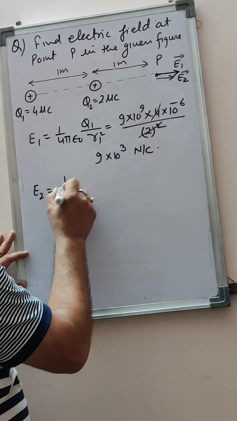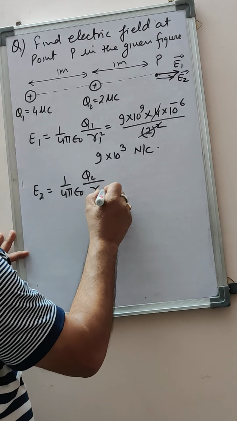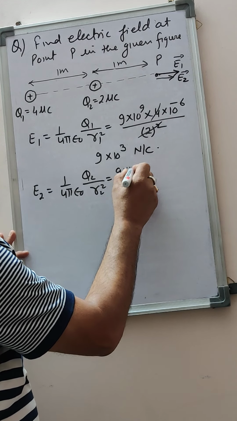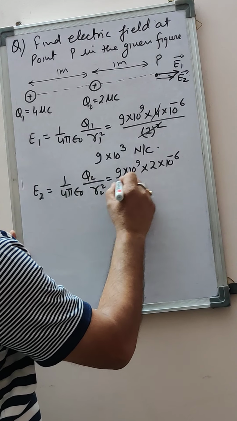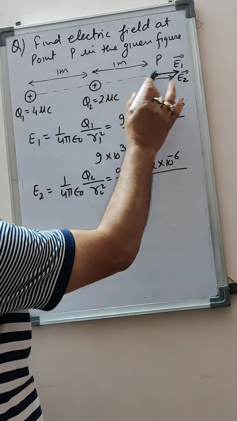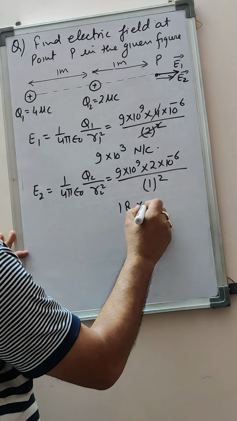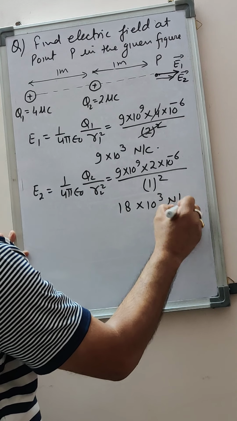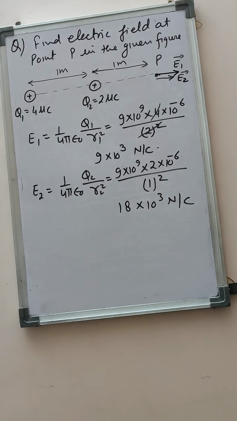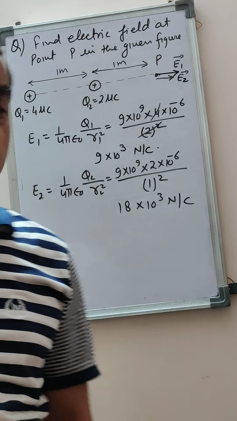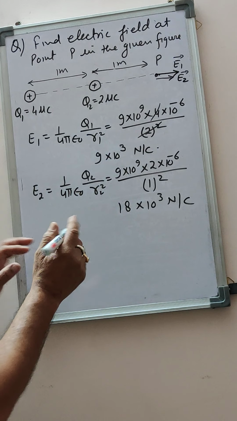E2, when you find, 1 by 4 pi epsilon naught Q2 upon R2 square. 9 into 10 power 9. Q2 is 2 into 10 power minus 6. And R2, this distance, 1 square. So this will be 18 into 10 to the power 3 Newton per coulomb. So you have calculated the value of E1, you have calculated the value of E2. Both the fields are in the same direction.